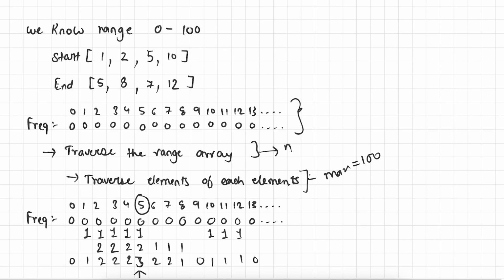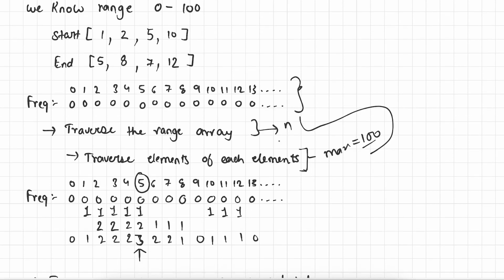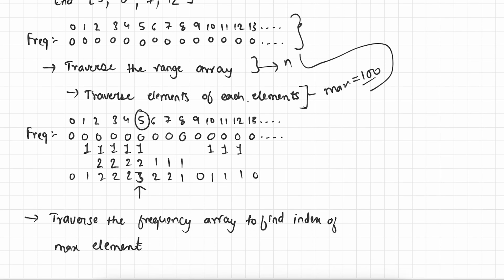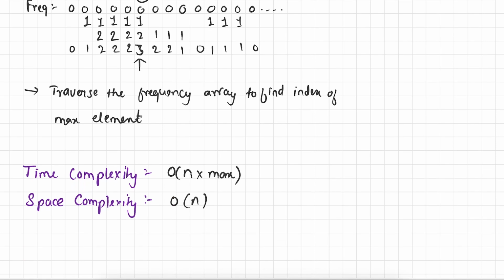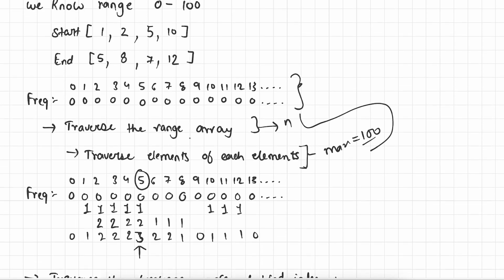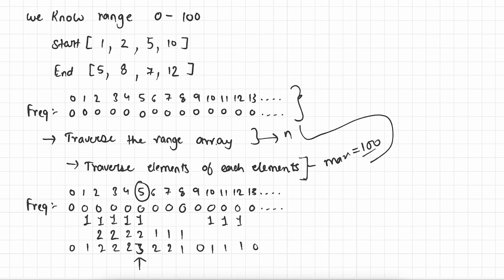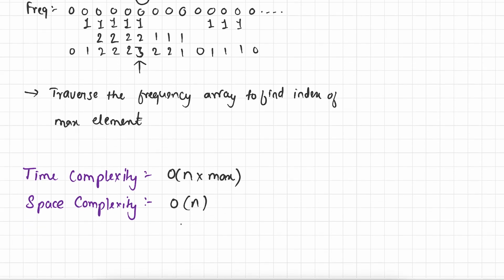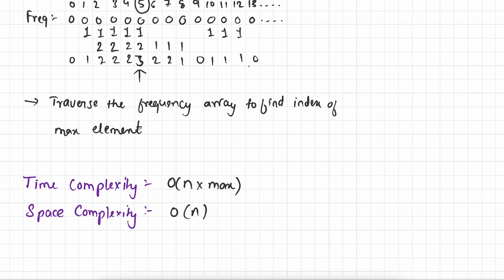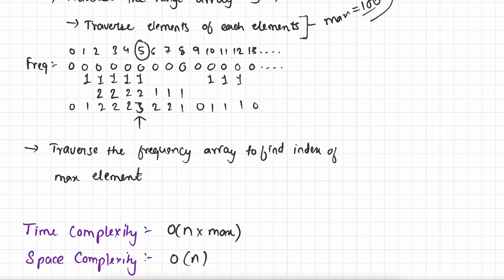So in the worst condition this loop is going to run 100 times. These loops are nested, so the overall time complexity of this approach is O(n times max), right? And space complexity, as we are using one extra array to store the frequencies, comes out to be O(n). So finally this approach took O(n times max) time complexity and O(n) space complexity to solve this problem.